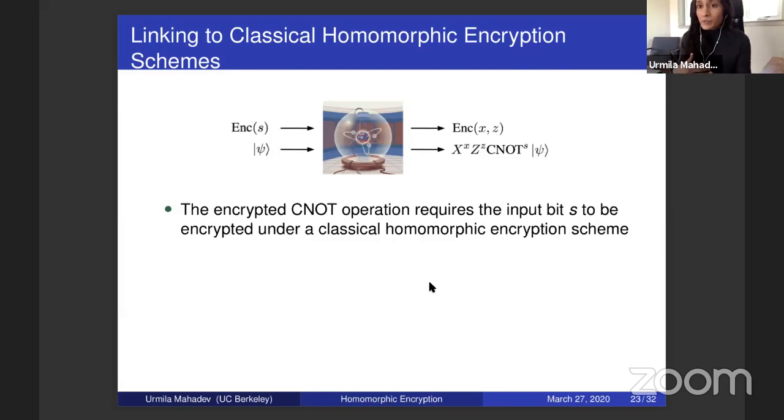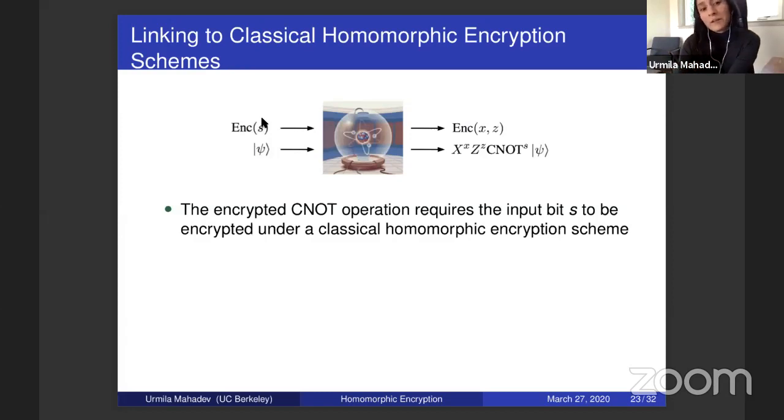Because the quantum server has to homomorphically update the one-time pad keys, we really need this encryption to be a classical homomorphic encryption, because otherwise the server won't be able to update the one-time pad keys. Like with the encryption that I just showed you with this trapdoor claw-free encryption, I have no idea what the homomorphic properties of that are. So in order to complete this scheme, I really need to link this back.